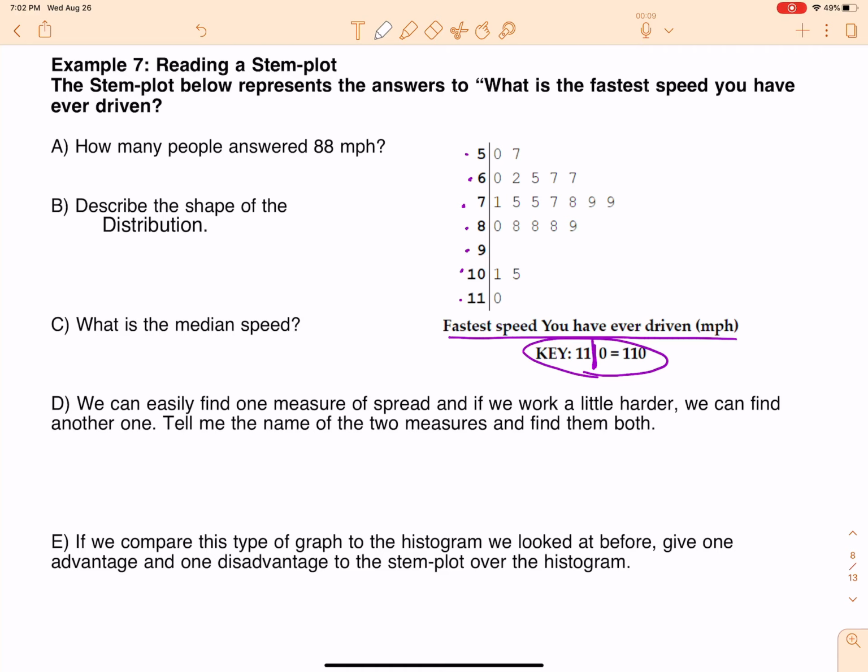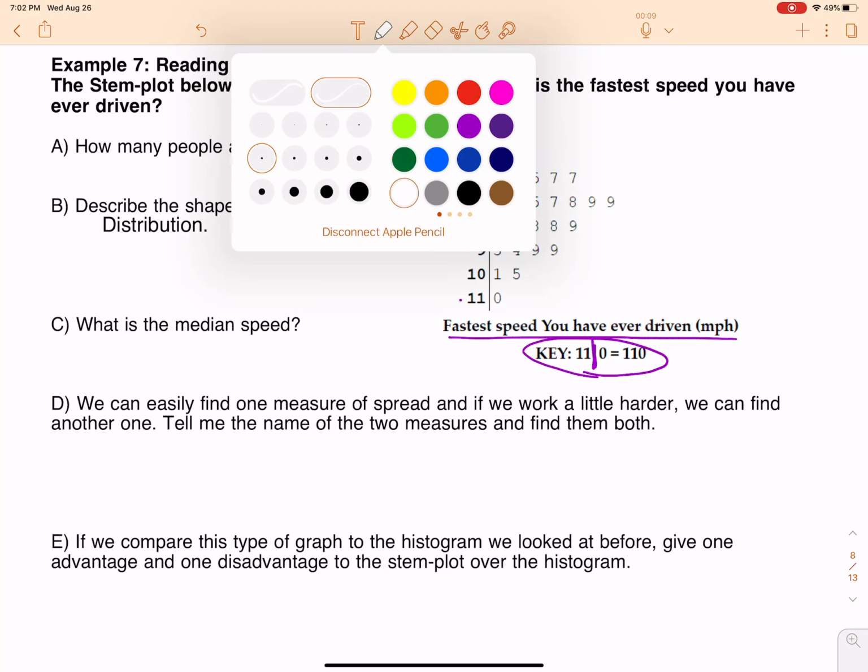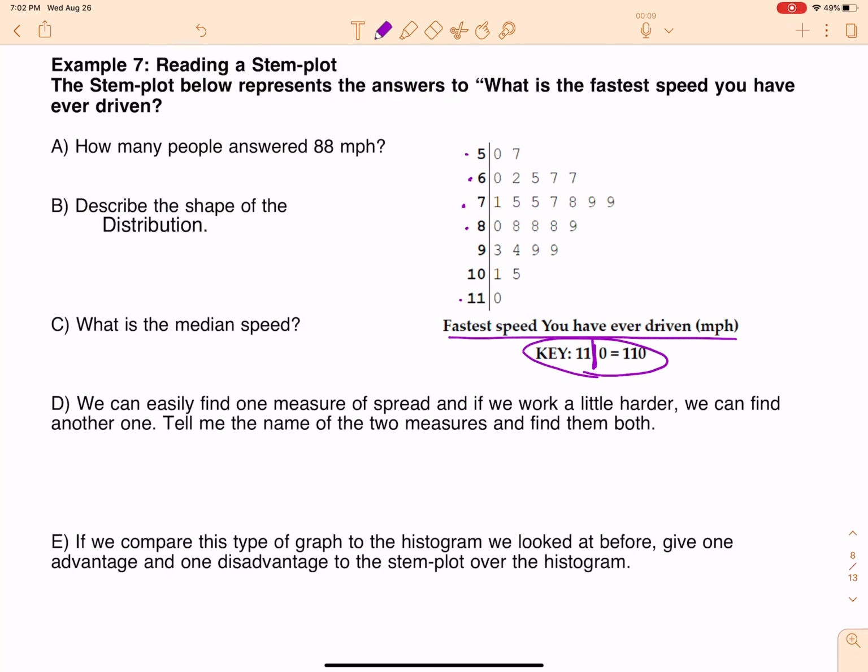Because a stem plot uses the actual data pieces to create the shape of the graph, and it looks just like a histogram would, just laying on its side. So just keep that in mind when we make one, that you do have to preserve that place in the lineup.